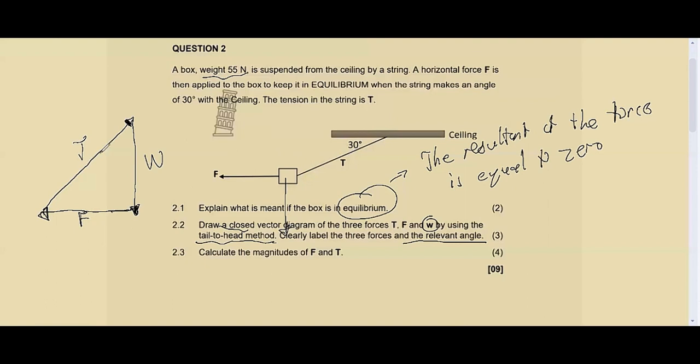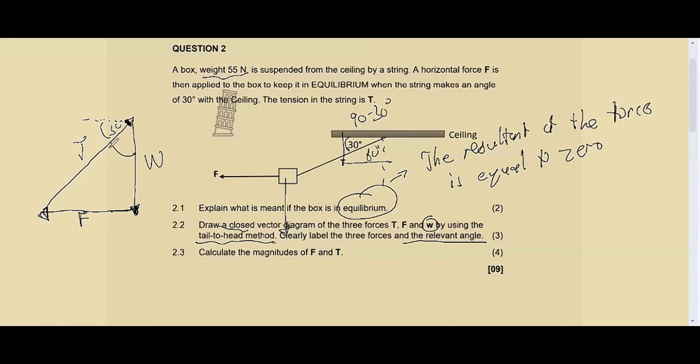So now this is T, W, F, and then the relevant angle, note this, guys. If we want the angle in here, note that it is not equal to 30 degrees, because when we took this, this angle is outside here. So the 30 degrees would be somewhere here. Now, if this is 30 degrees, what is the angle in here? You need to say 90 minus 30 degrees, then this is 60 degrees.